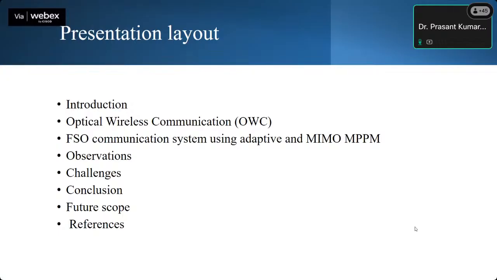Then FSO communications using adaptive and MIMO M-array PPM schemes, whereby the advanced schemes of how to deploy this FSO so as to meet the different objectives of the next generation communications. Then I'll say some of the observations we found from our results, and then we will discuss the open challenges that need attention, and conclusion, future scope, and some references.